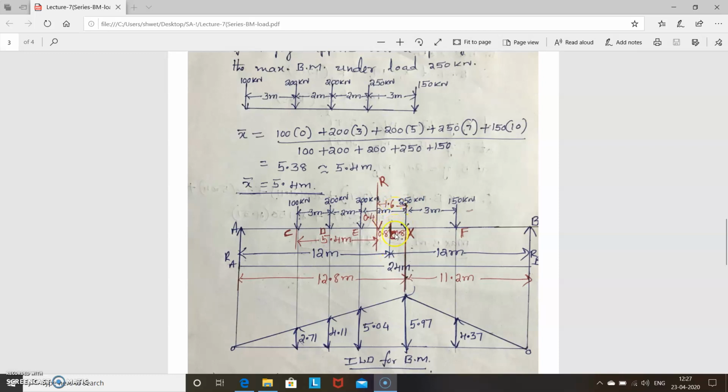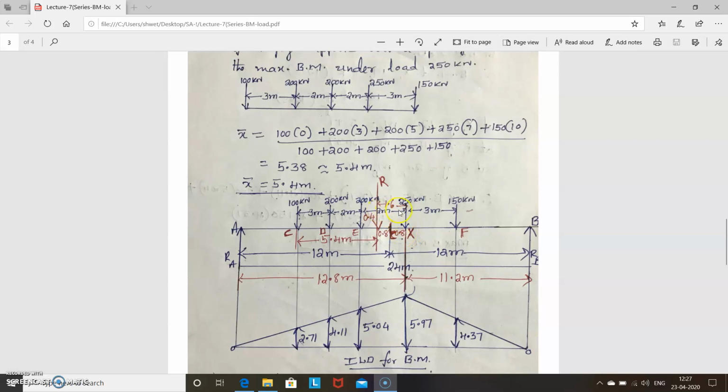Now what is the statement? The center is always equidistant from the resultant and the given load. So the center lies in between, equidistant from the resultant and from the given load.